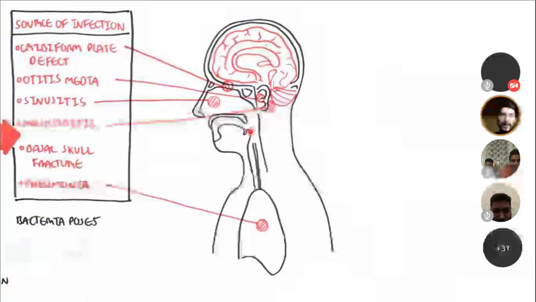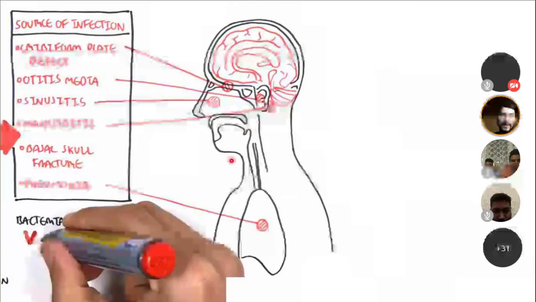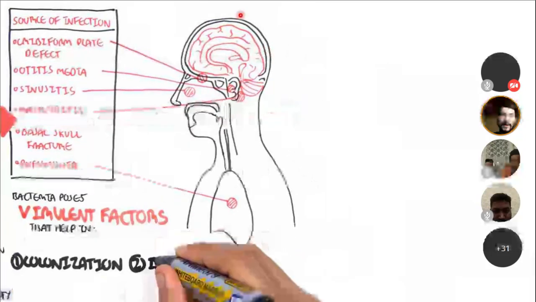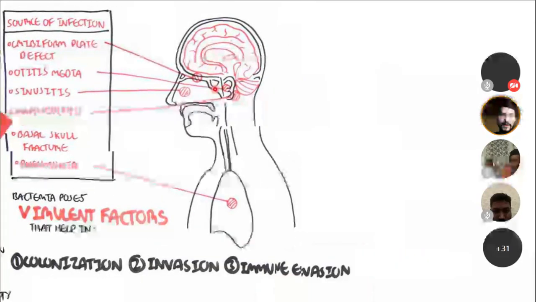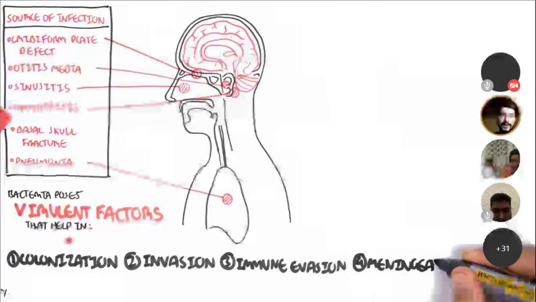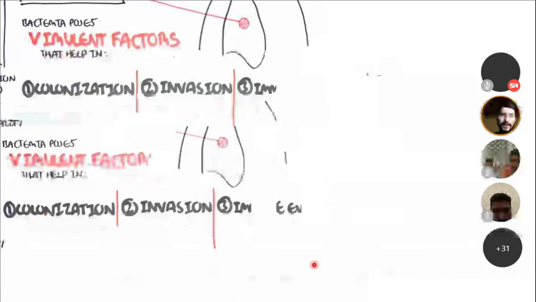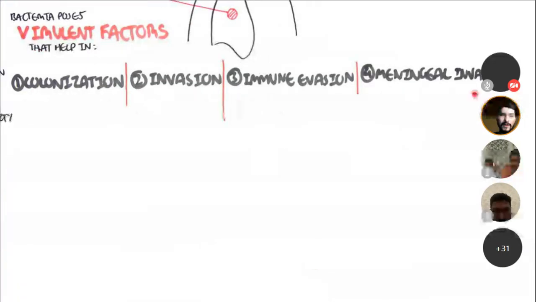You remember that you have the venous sinuses close to the arachnoid tissue, right? So you have colonization, immune evasion, that's hiding from the immune system, and meningeal invasion. It means invasion into the meninges of the brain.